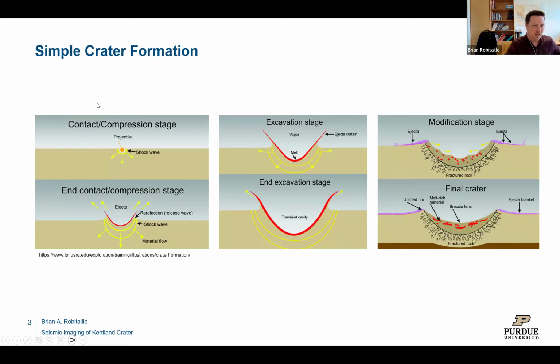A shock wave radiates out. It hits and sends a shock wave through the Earth, and then it sends a shock wave back through the projectile, where it hits the back surface of the projectile and then travels forward again through the planet's crust behind the shock wave. That's the rarefaction wave, and it radiates through.